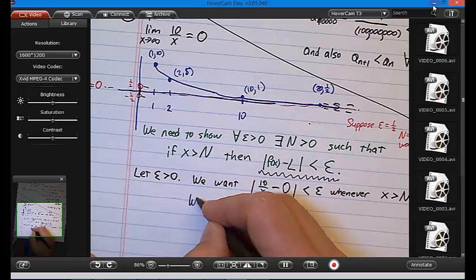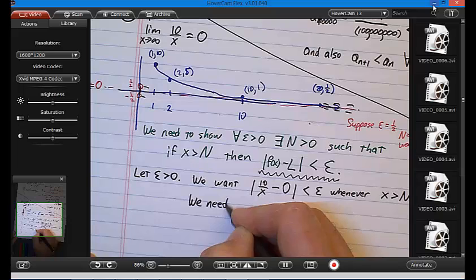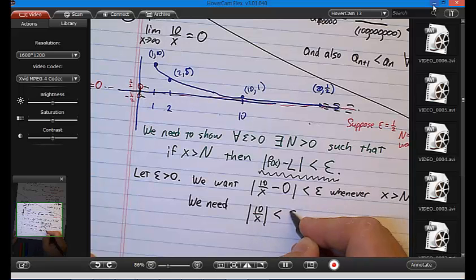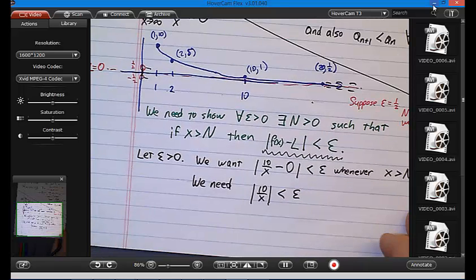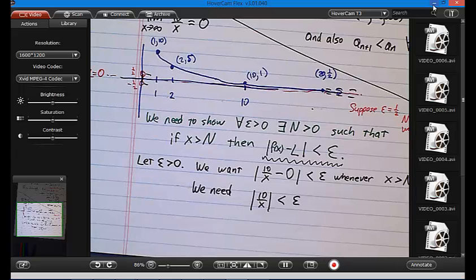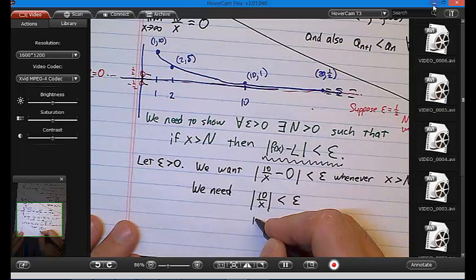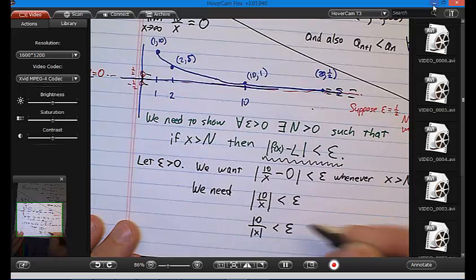So we need, let me just simplify this a little bit, the absolute value of 10 over x to be less than epsilon. Right? We need 10 divided by the absolute value of x to be less than epsilon, because 10 is positive.